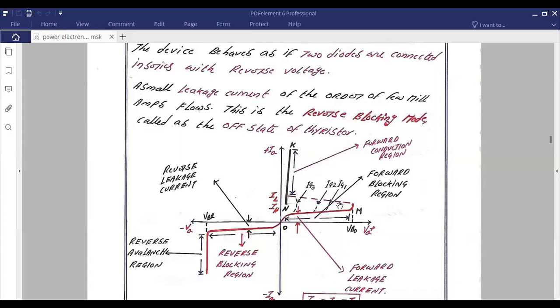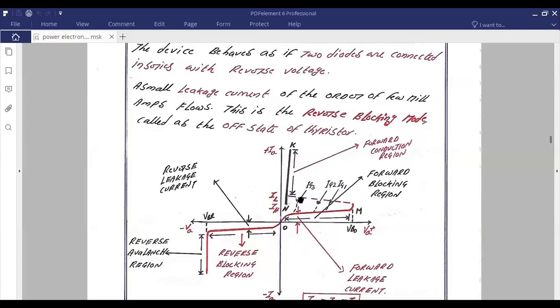In the second case, the gate current is 10 milliamps. If you increase the forward voltage, the device comes into conduction at 30 volts, anode-cathode voltage. So this is 50 volts, and this is 30 volts.